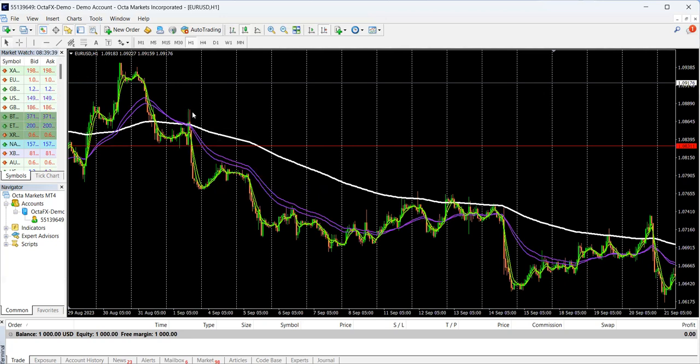And then I look at the next high. The next high, this is it. I put my stop loss here.